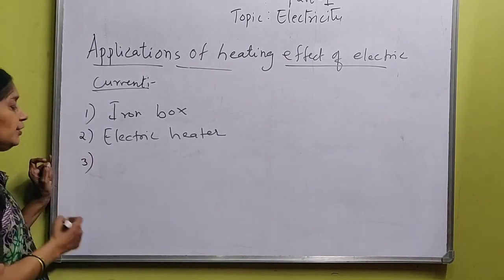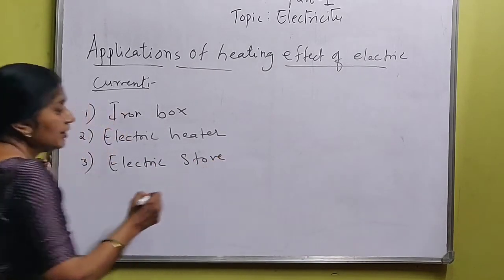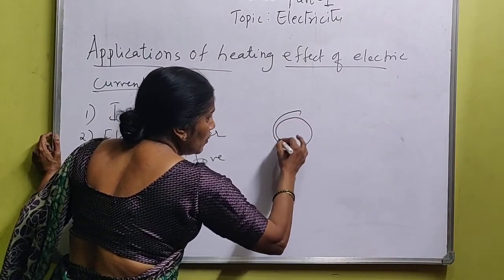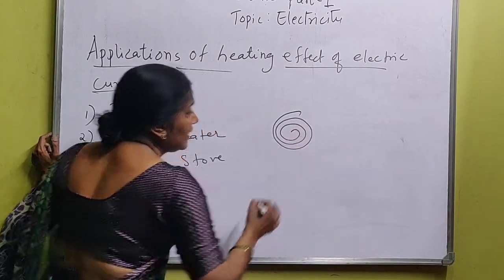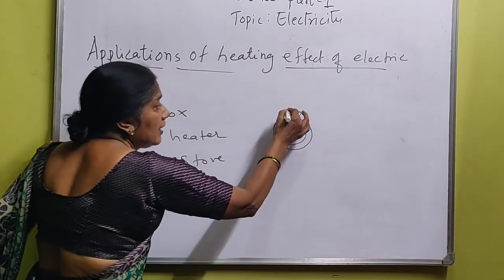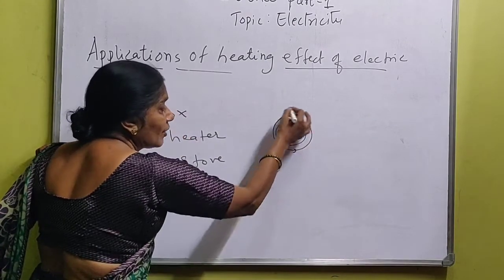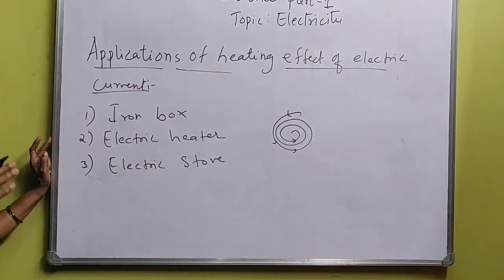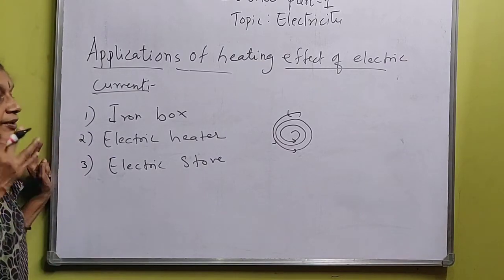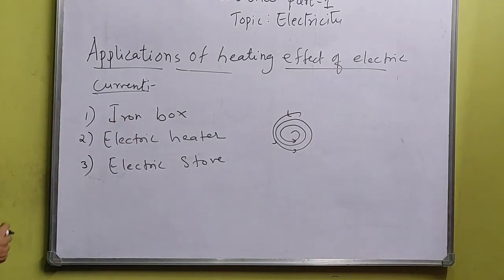Third one is your electric stove, where you can find a nichrome wire coil. When the current passes through this coil, the electrical energy gets converted into heat energy and the coil becomes red hot, and when you put things on it to cook, the things will get cooked. That is the electric stove, which works on the heating effect of electric current.